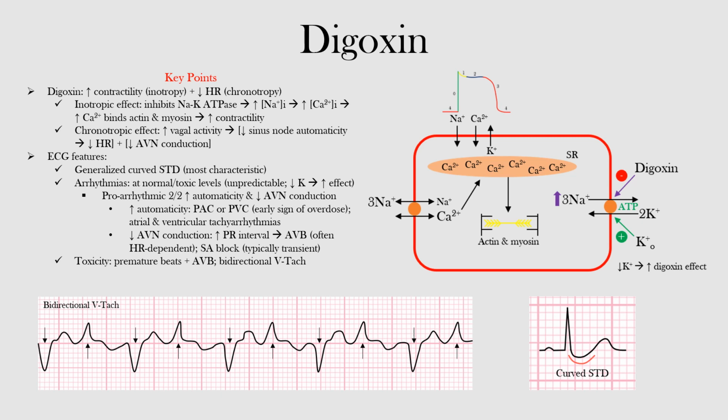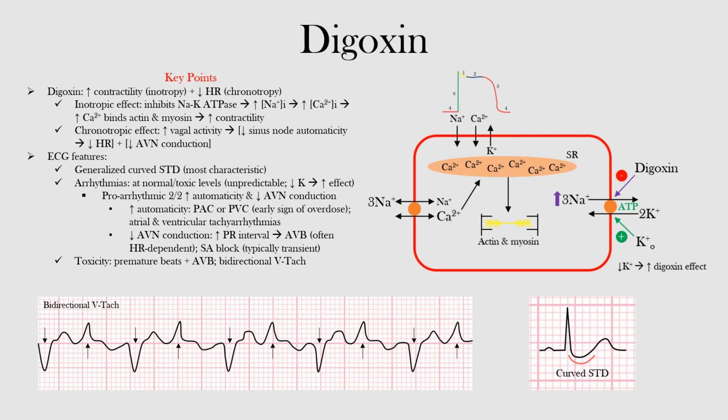This results in an increase in sodium intracellularly, which consequently affects the sodium-calcium exchanger such that intracellular calcium concentration ends up increasing. This greater concentration of calcium inside the cell allows for more calcium to be available for the contractile proteins, leading to stronger contractions, and thus a positive inotropic effect.